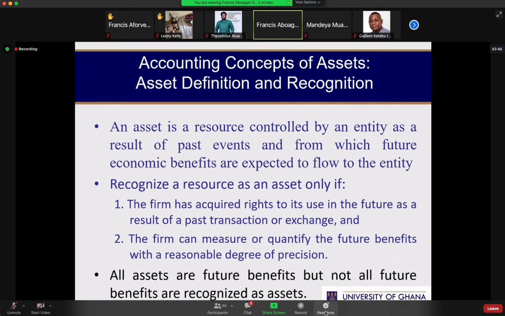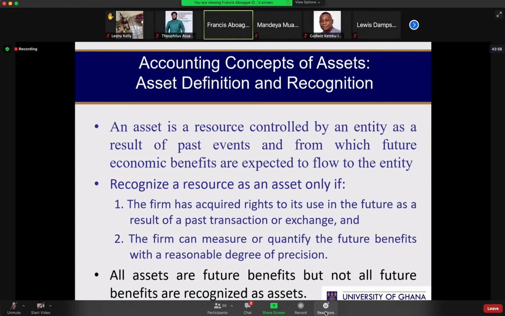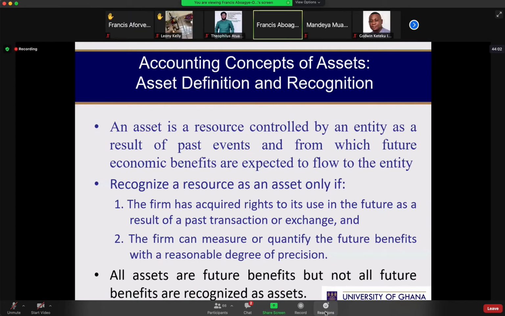Okay, so if you look at human resource generally, they cannot be classified as assets. There are some human resource that may be regarded as assets, like footballers. But if you're talking about your HR in your company, you cannot classify them as assets.